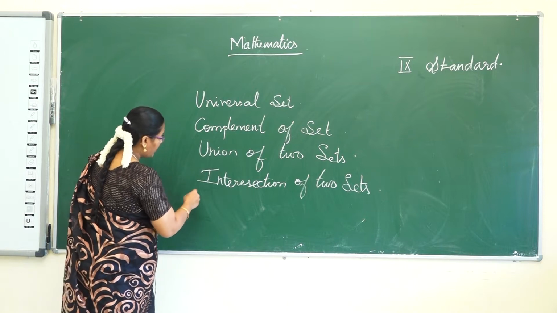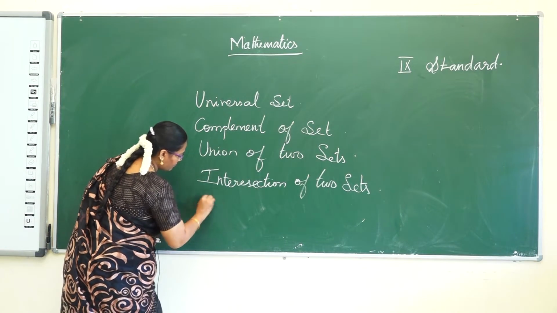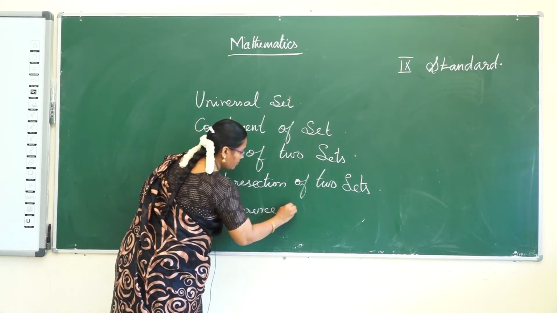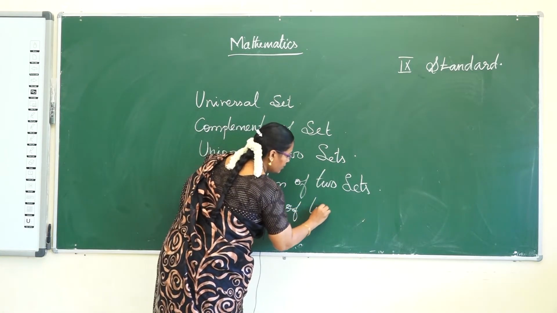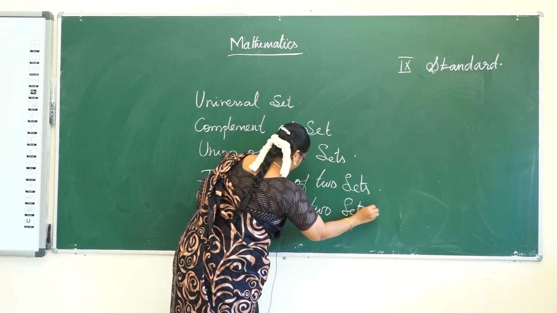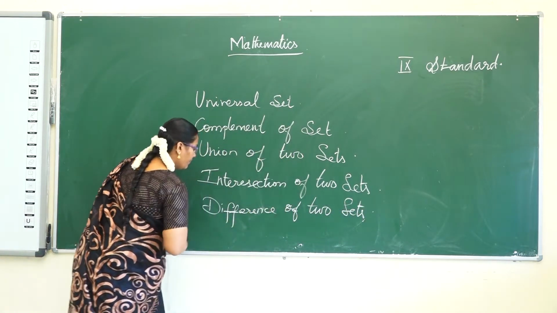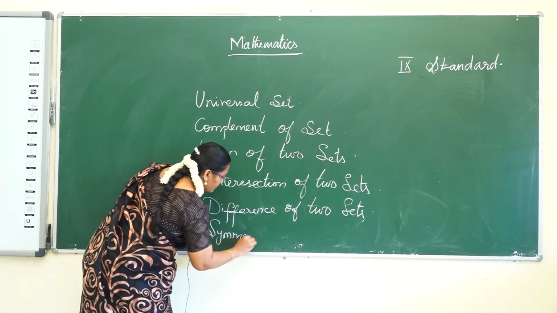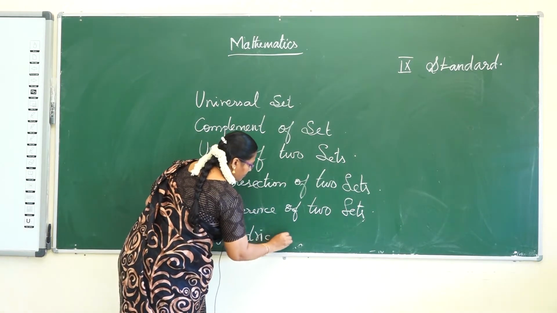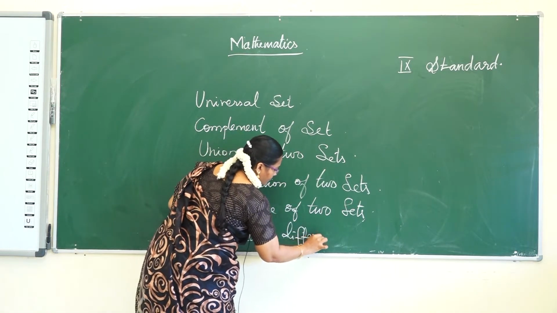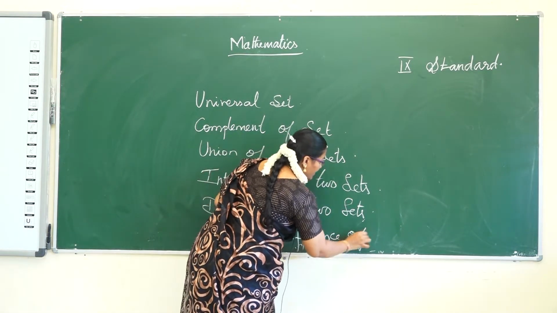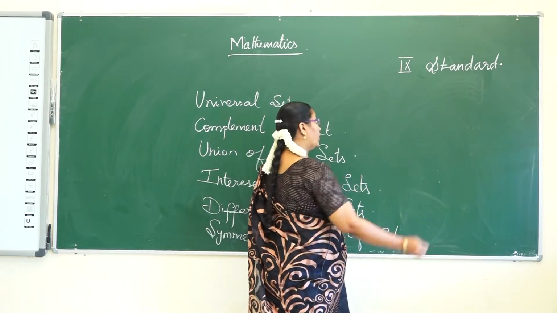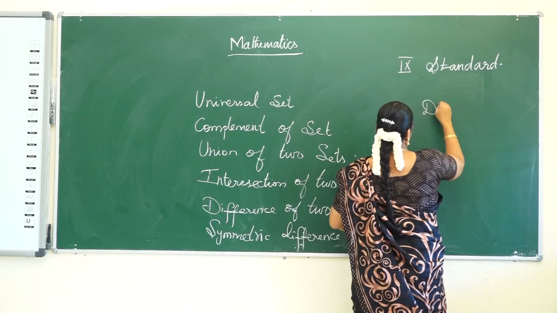And then difference of two sets. Symmetric difference of sets. And final one, disjoint set.